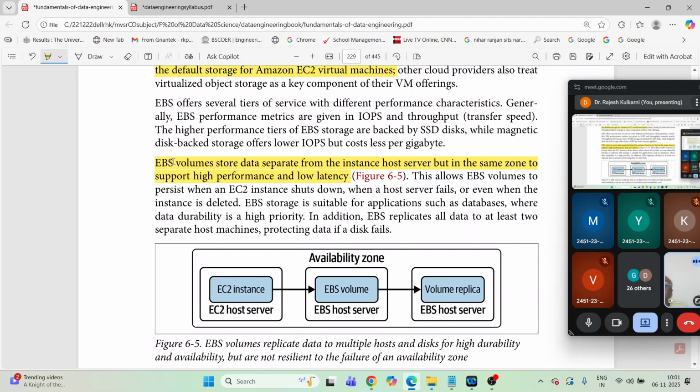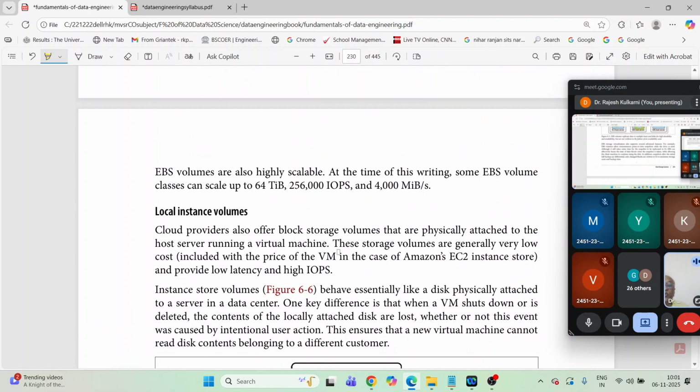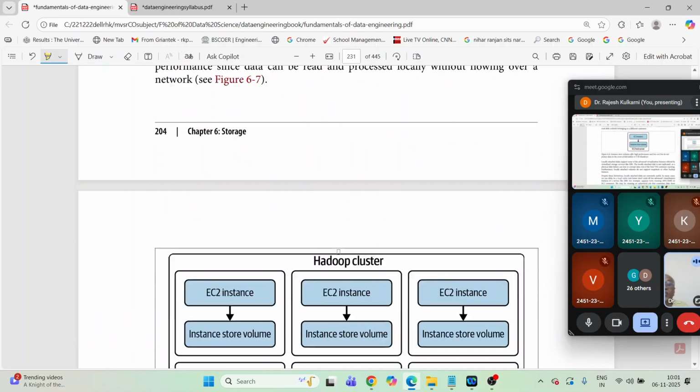You have something called EBS volumes that you need to remember. What these EBS volumes do is separate data from the instances, but they keep them in the same zone. Why? To support high performance and low latency.